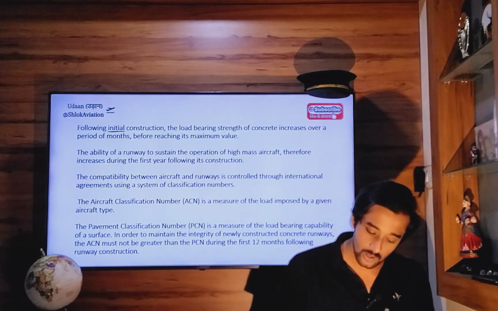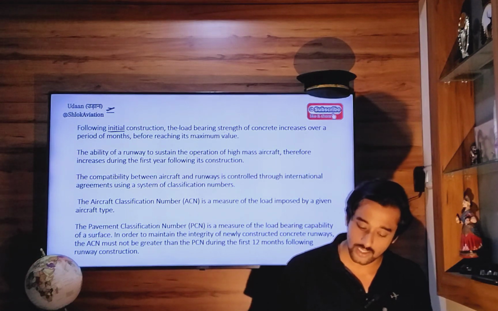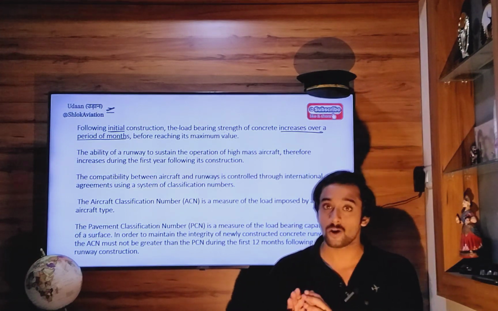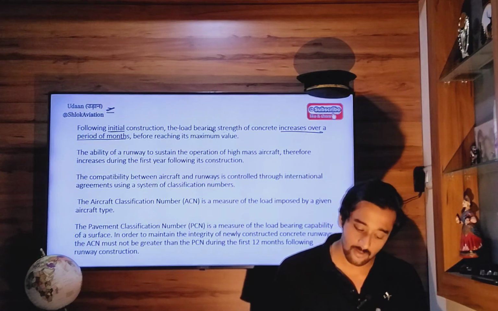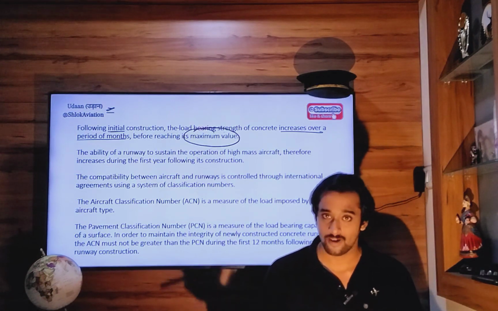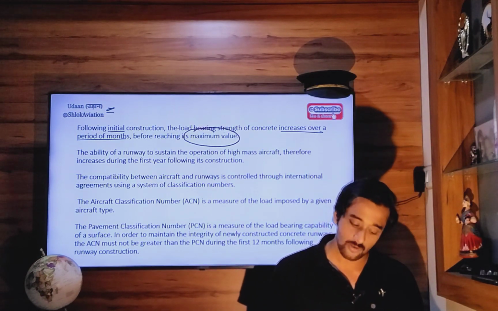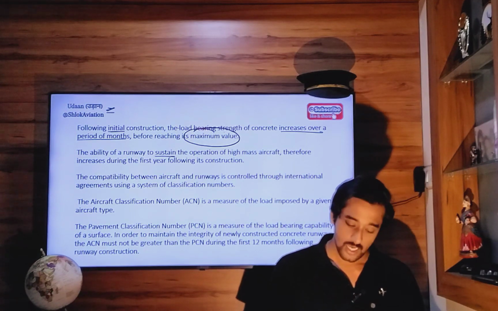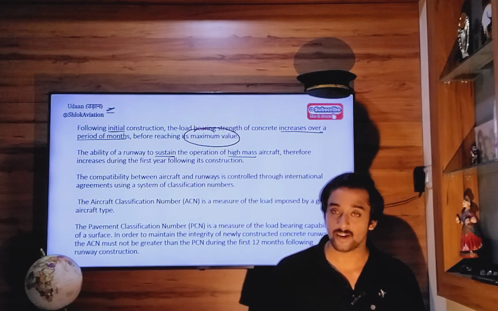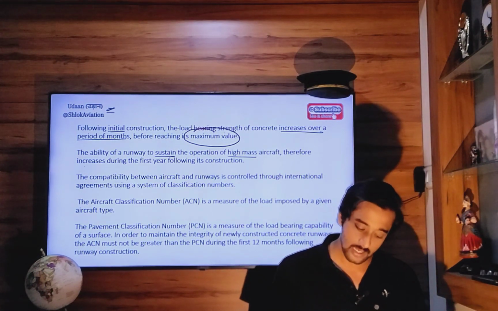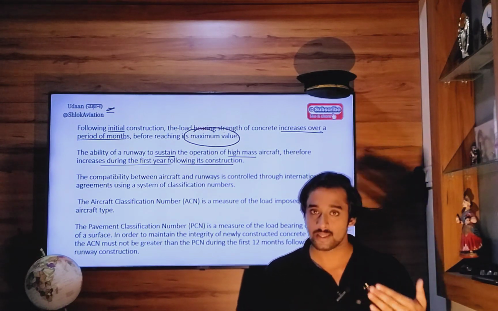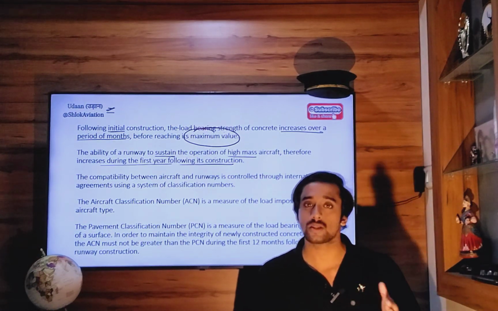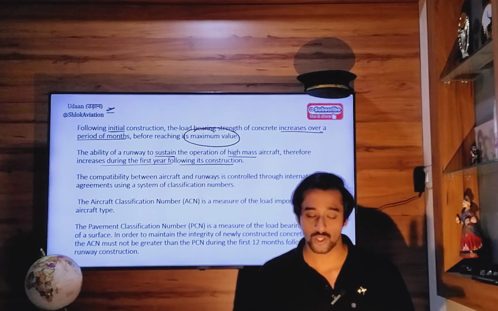Okay, so the load bearing strength of concrete increases, very important point, over a period of months. So it's a long time before reaching its maximum value, before reaching its best value. The ability of a runway to support the operation of high mass, heavy aircraft therefore increases during the first year following its construction. So this ability of the runway will increase with time. Okay, so give time.